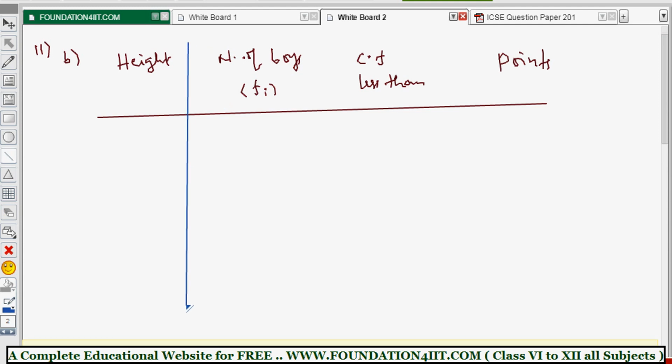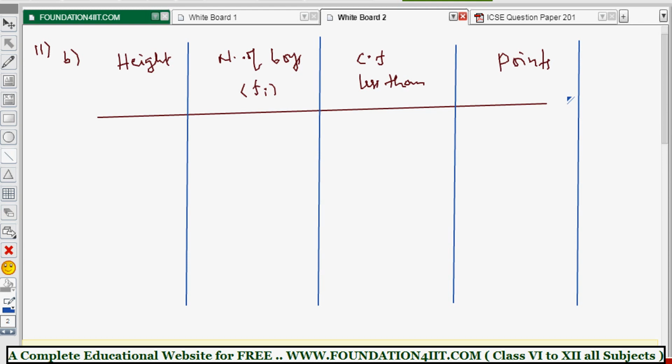So height will take one column, number of boys frequency, cf cumulative frequency less than, and the points also. We'll see now how it is taken.